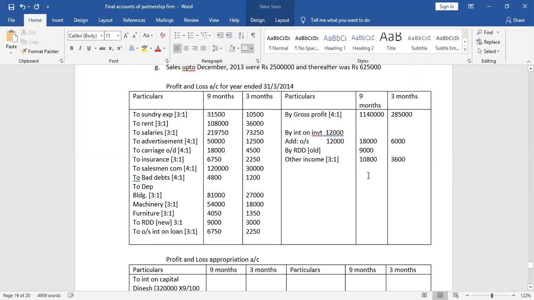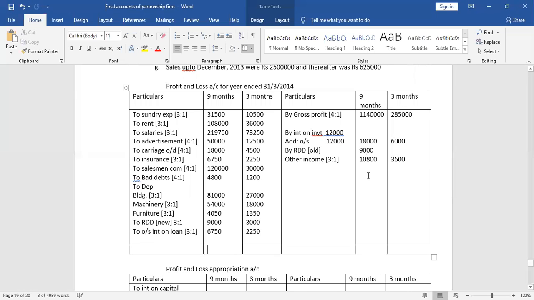लेकिन हम क्या करेंगे, पहले हमें 9 months का प्रॉफिट निकालना है, इसके बाद 3 months का बाद में निकालना है. तो पहले 9 months का प्रॉफिट निकालते हैं. Add all the credit side items.